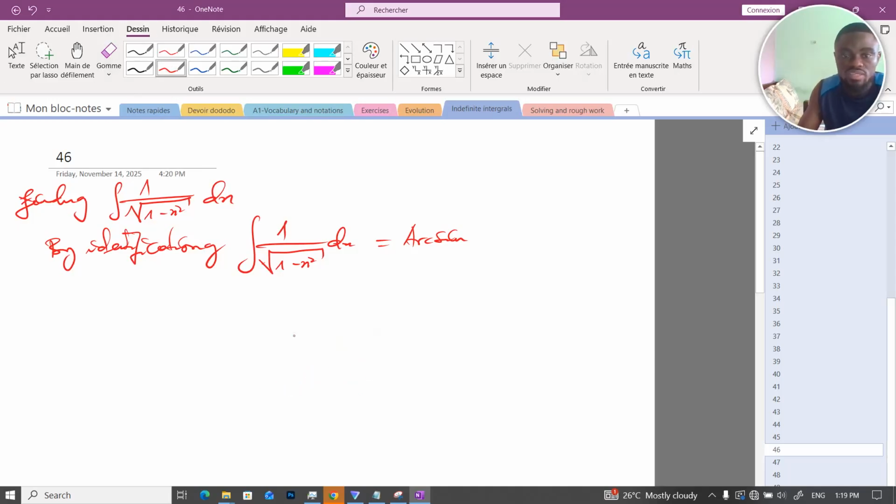So the integral of this by identification is equal to arc sine x plus our constant of integration c2, where c2 belongs to the set of real numbers.